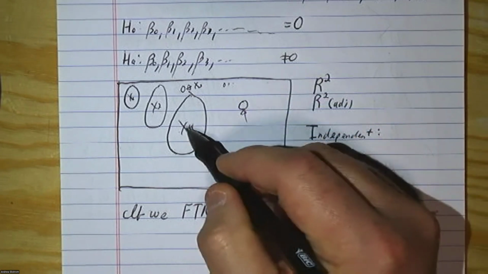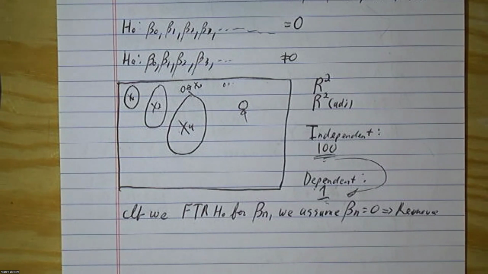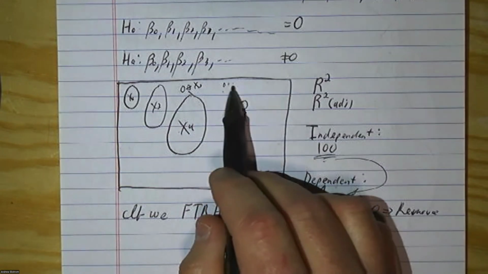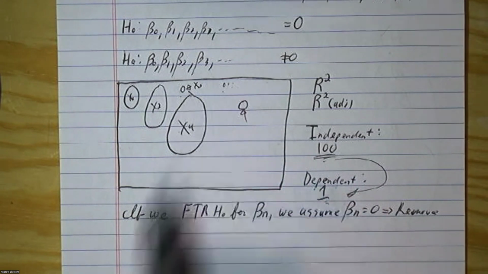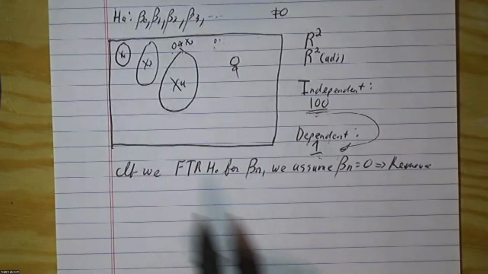So if the area of the circle is bigger than that circle, then we would think that it's going to be statistically significant. If it's smaller than that, like some of these, we're going to decide that it's not statistically significant.